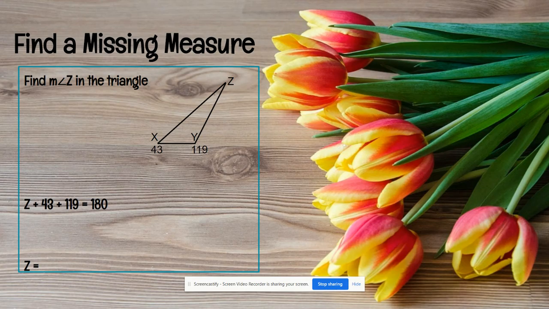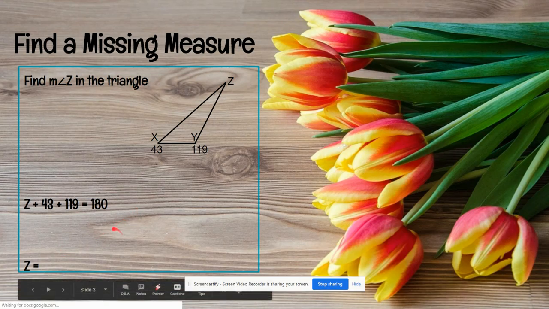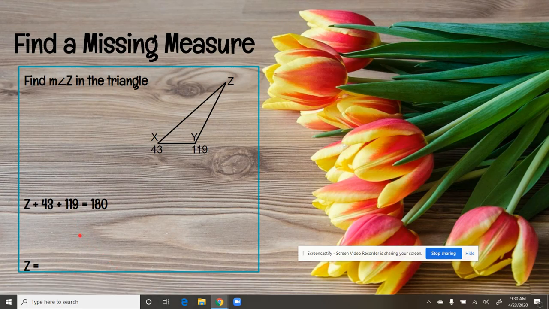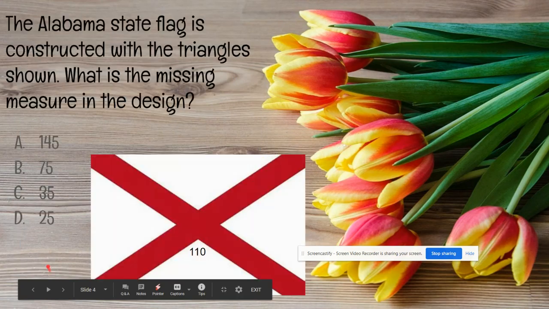I can add them together and then move it to the other side to get Z by itself. 119 plus 43 is going to give me 162. Then I'm going to subtract 162 from 180. 180 minus 162 is going to give me 18 degrees. So Z is going to be 18.